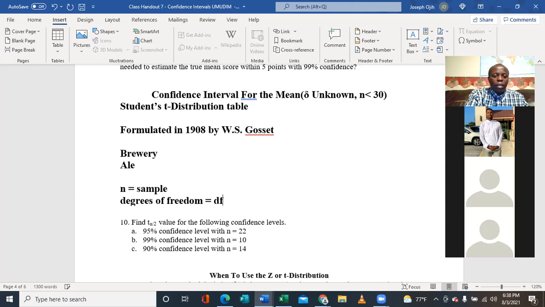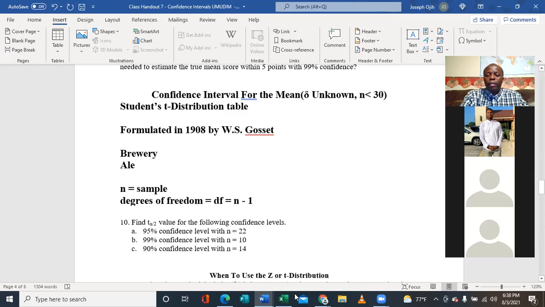For a confidence interval for the mean of this type, the DF is found using n minus 1. That's the first thing you do, and then you look for it on the table of T distribution.